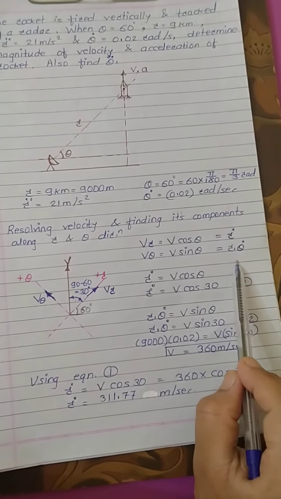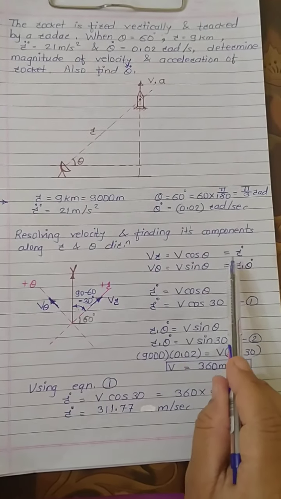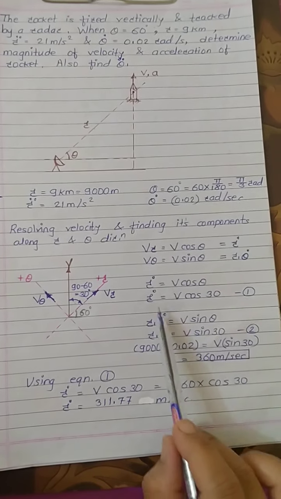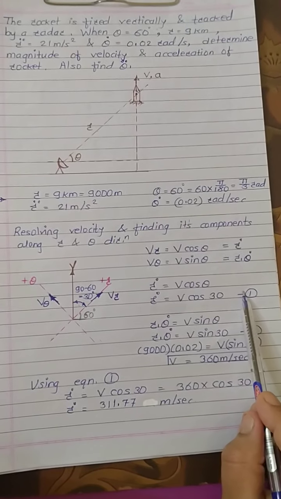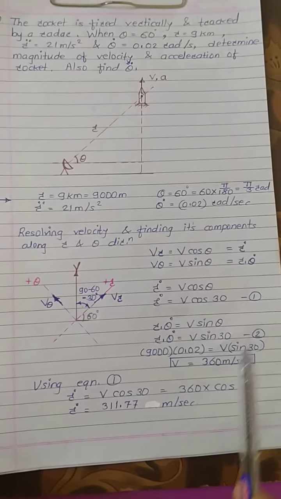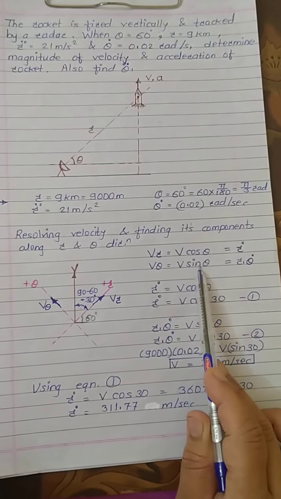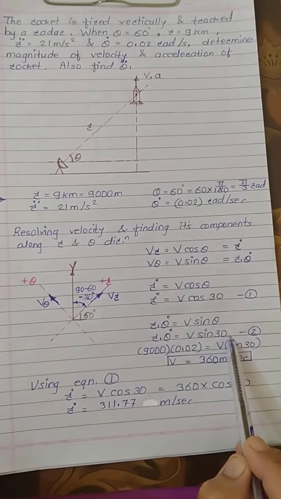We have seen these formulas in my first videos. Now consider the first equation, r dot is V cos theta. So r dot equals V cos 30. Let us call this equation number 1. Now the second one is r into theta dot equals V sin theta. So r into theta dot equals V sin 30.